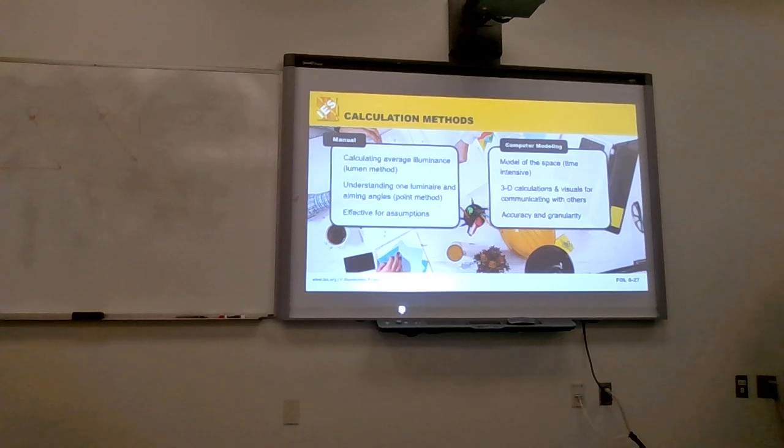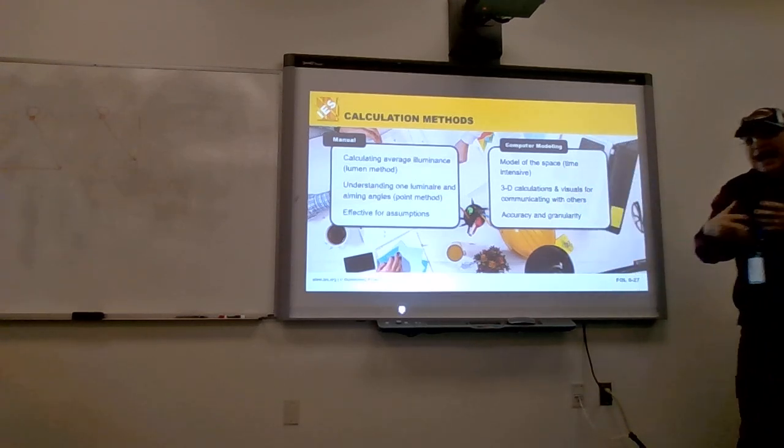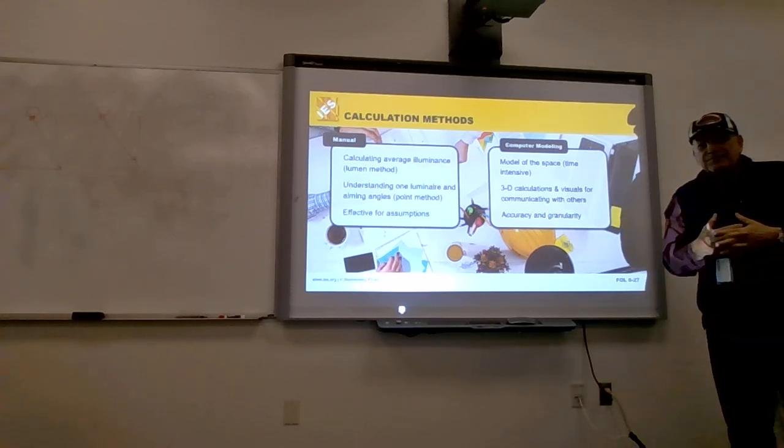So, two methods: calculating average illuminance, the lumen method, which is manual; understanding one luminaire and aiming angles, the point method, which I'm showing you up there. And it's effective for assumptions. It's kind of like the back of the napkin, have you ever heard that phrase, back of the napkin?